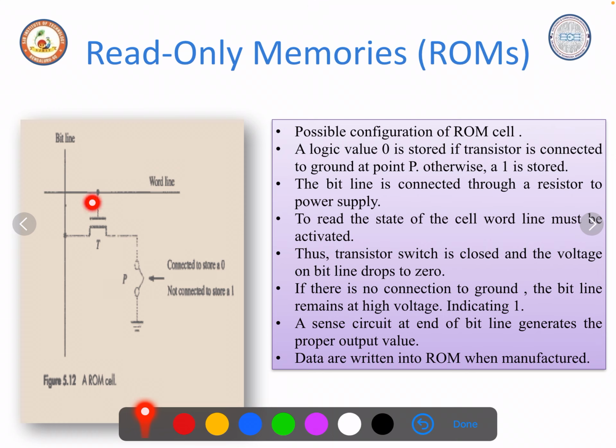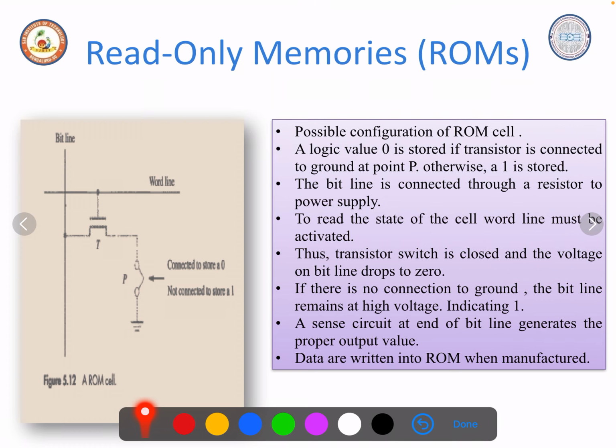That will turn on the transistor, and the voltage on the bit line, if it is connected and shorted, will drop to 0. If there is no connection to ground, the bit line will remain in the high state. So when the transistor is turned on and connected, it will store a 0.